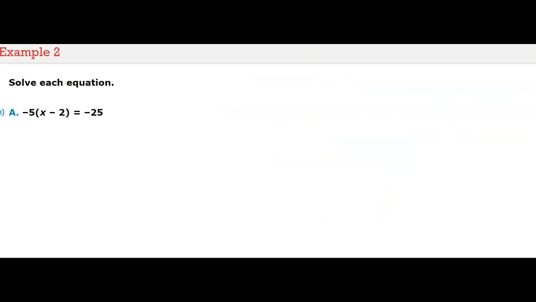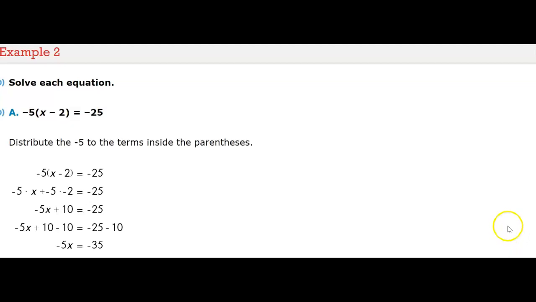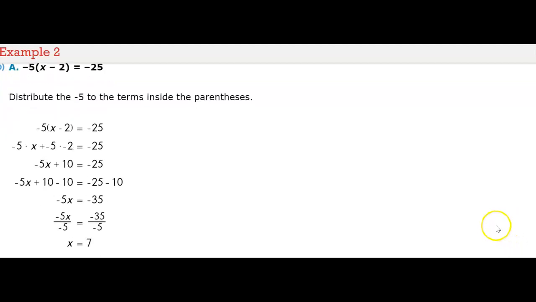Solve each equation. Part A. Negative 5 times the quantity x minus 2 equals negative 25. To solve, we're going to distribute the negative 5 to the terms inside the parentheses.